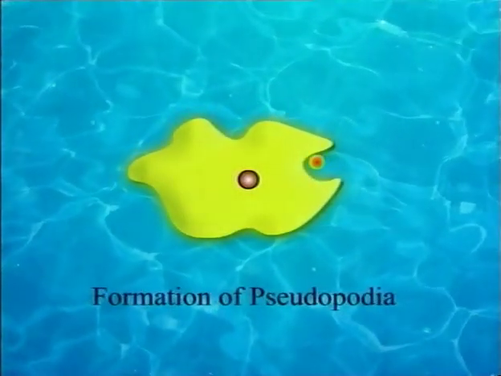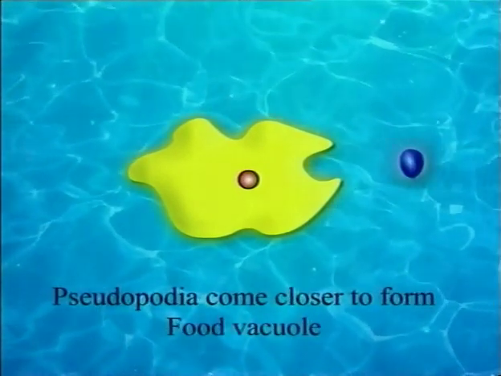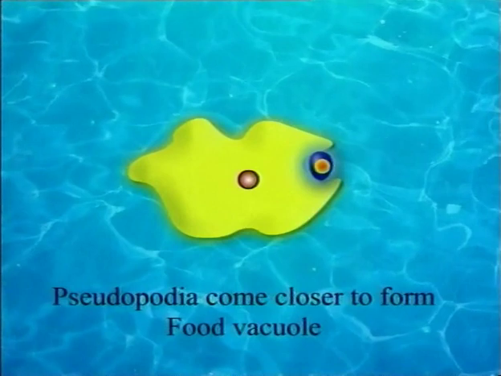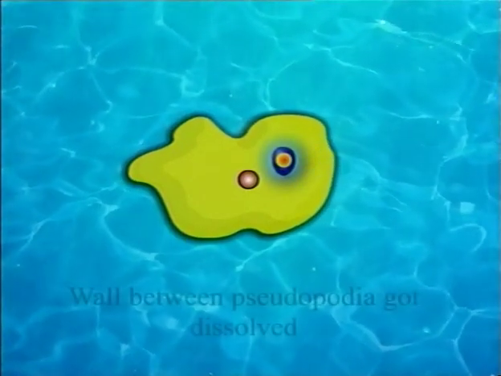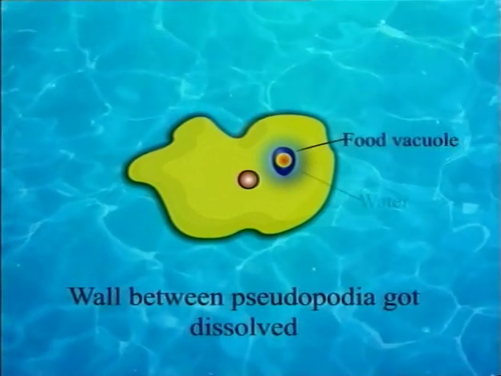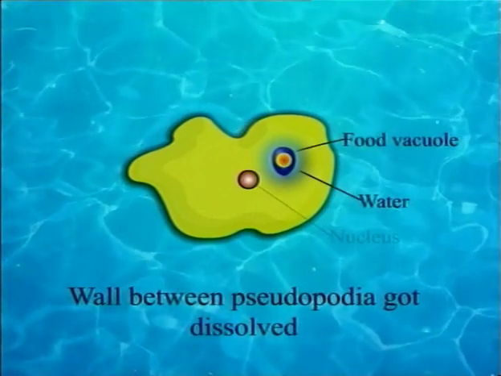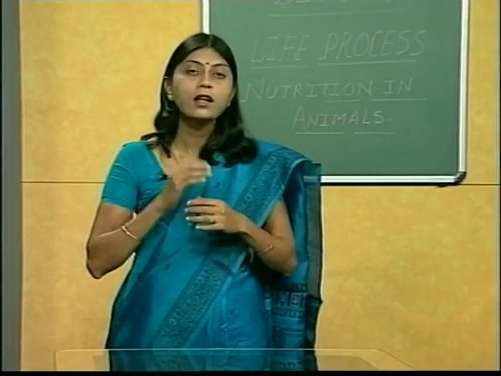They grow in a forward direction, and the pseudopodia come in contact with each other. At their contact the wall dissolves, and food and some amount of water enter inside the cell and form a food vacuole. That is the first step, and that is ingestion. Now once the food is taken inside the cell, what is the second step? Yes, that is digestion.